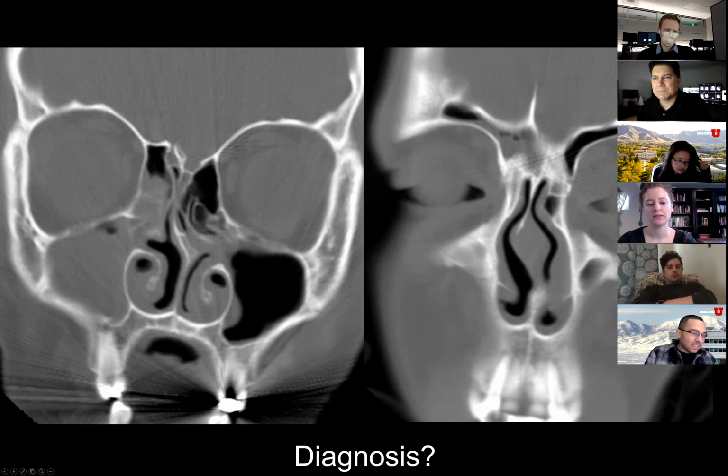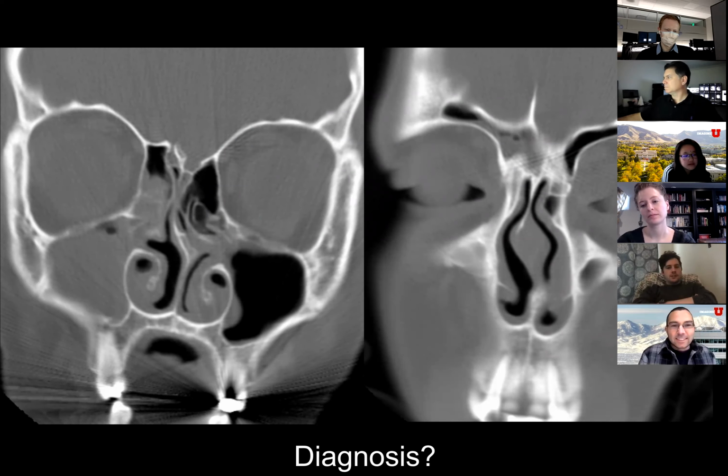Looking at two coronal CTs of the sinuses, bone windows. We have extensive mucosal thickening with opacification of the right frontal, right ethmoid, and right maxillary sinuses.